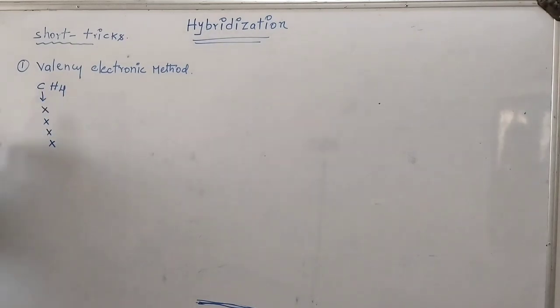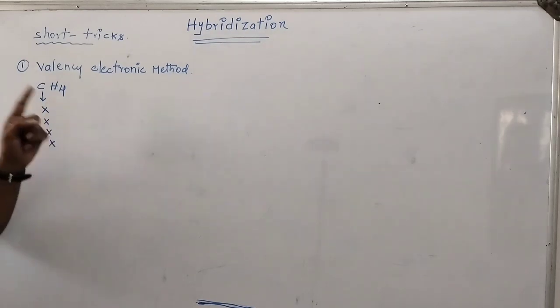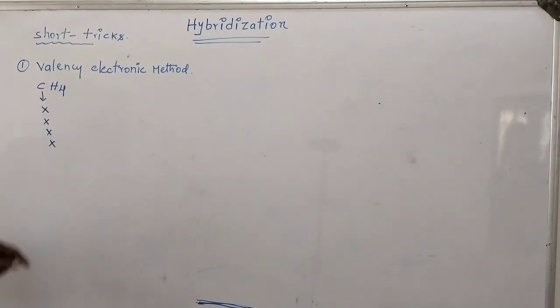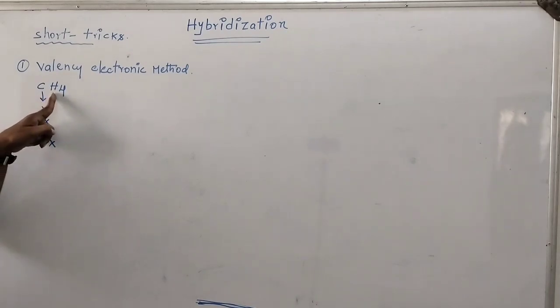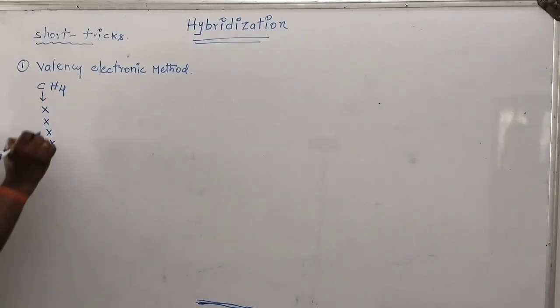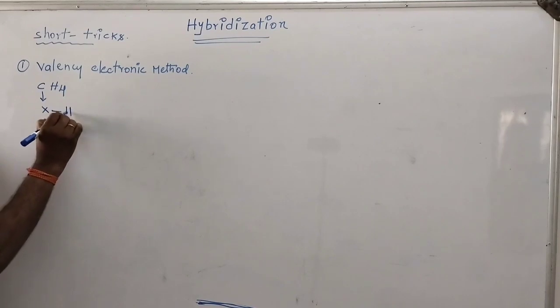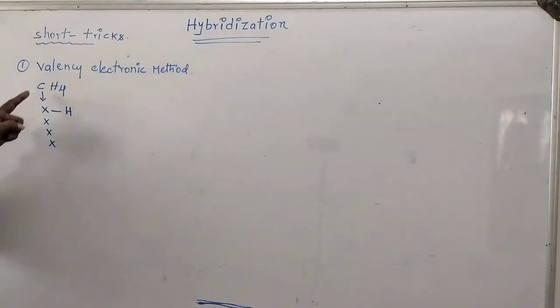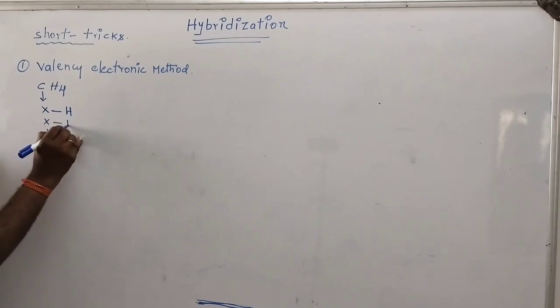Next, hydrogen. Total surrounding atoms are 4. Hydrogen group number is 1, so for first group valency 1. Hydrogen will take only 1 electron. Like that all 4 hydrogens will take 1 electron each.